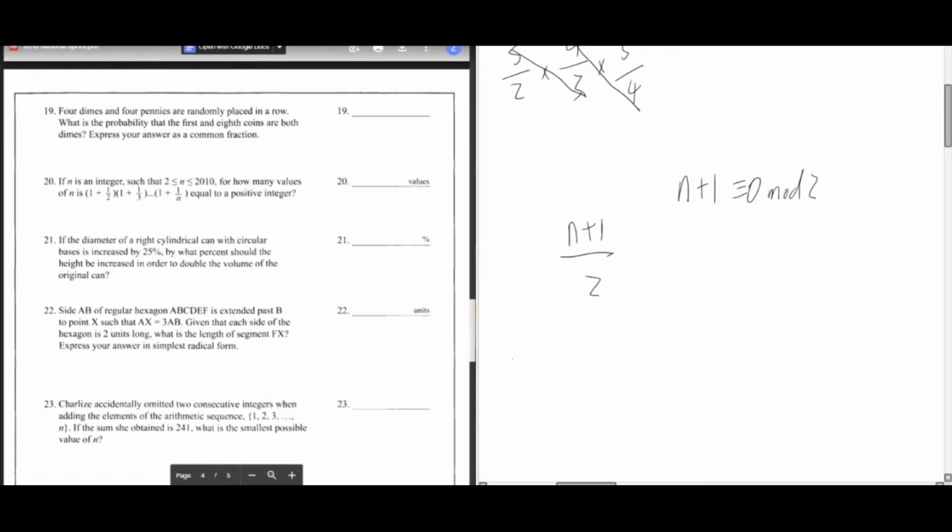Between 2 and 2010 is 2009 numbers, and because it starts and ends on an even number, there's going to be 1005 even numbers and 1004 odd numbers. So our answer is going to be 1004.